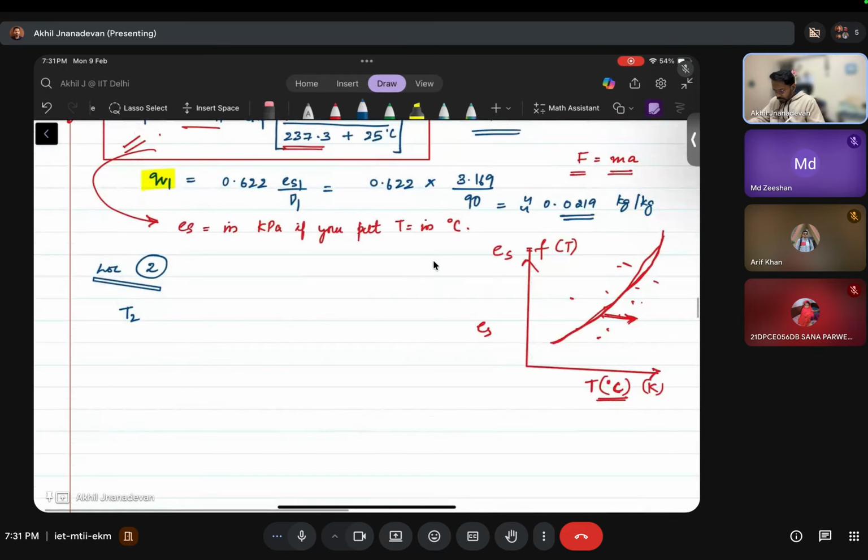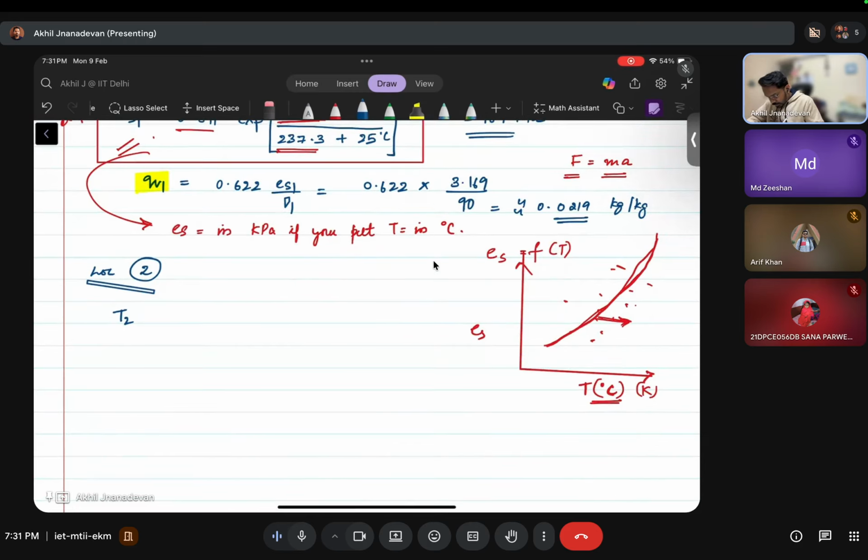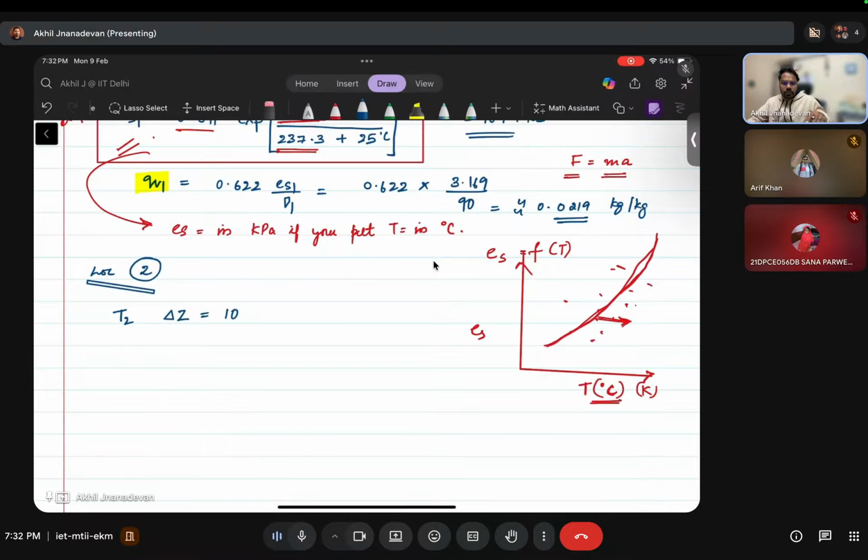We are traveling up to 10 kilometers, but we are starting from 1.2 kilometer, that is 1200 meter. So the difference is 8.8 kilometer, the distance we are traveling from T1 to T2.